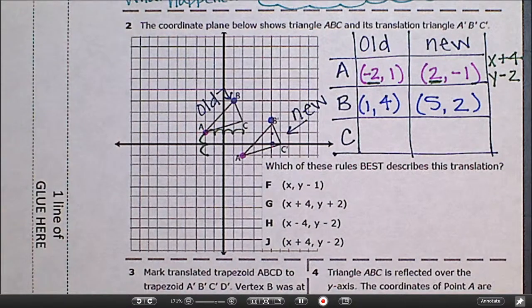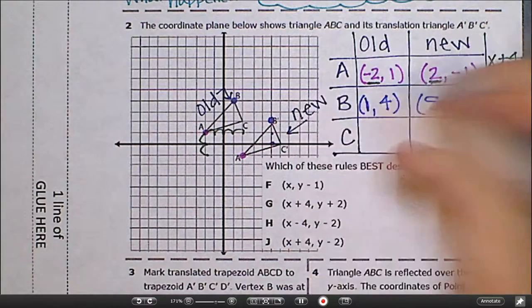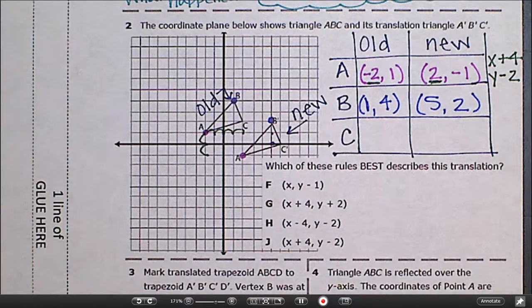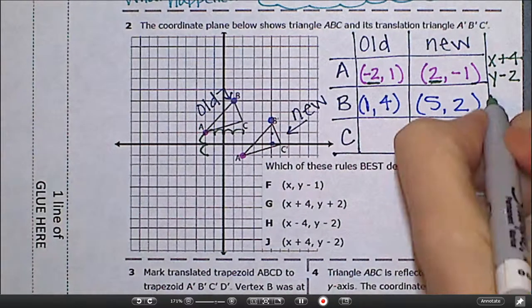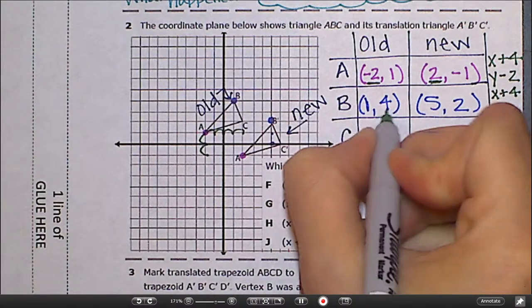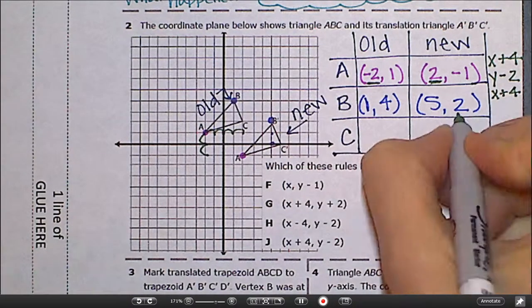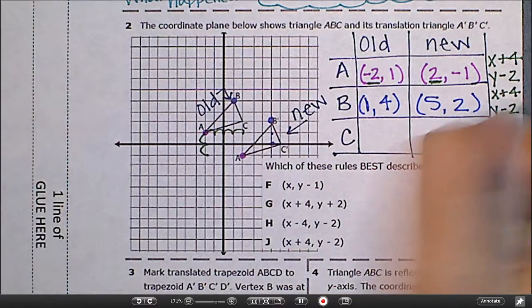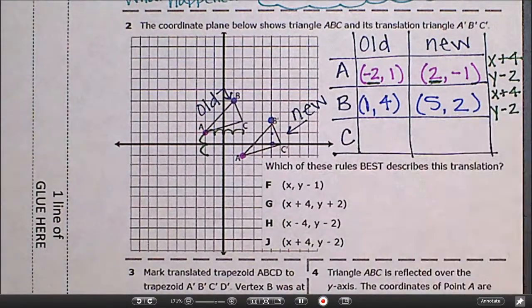Again, let's figure out what we did to our x's. From 1 to 5, I have to add 4, so x plus 4 gives me 5, and then 4 minus 2 gives me 2, so y minus 2. This is my y value. Minus 2 gives me the new y value.